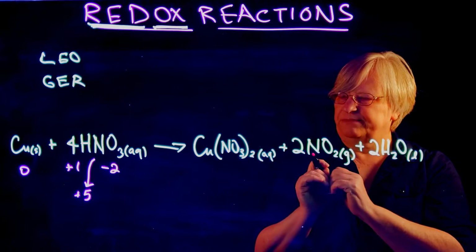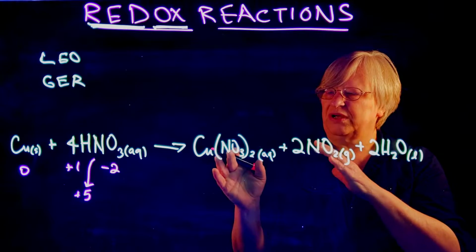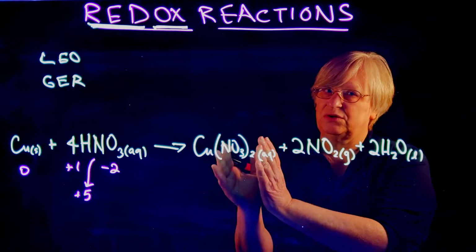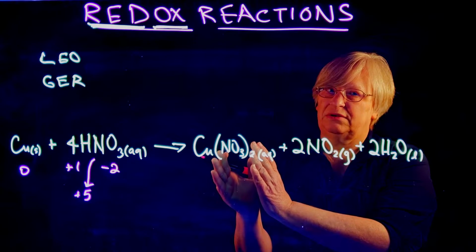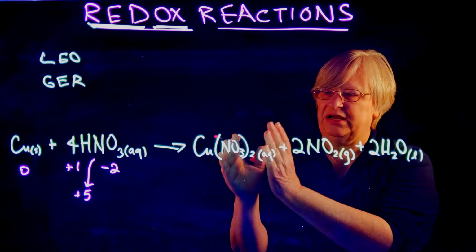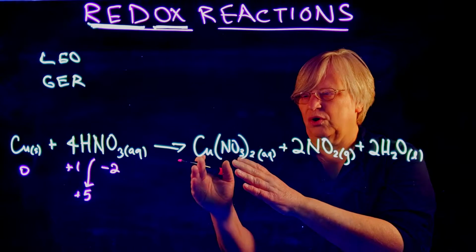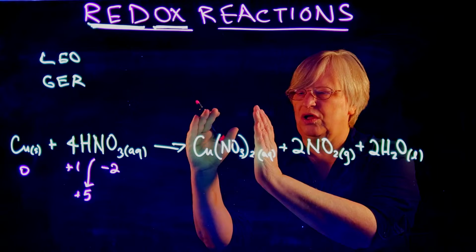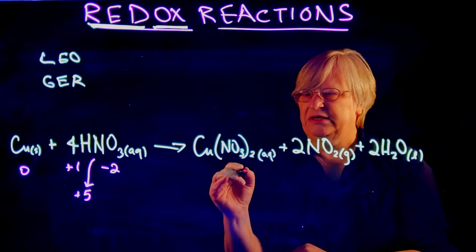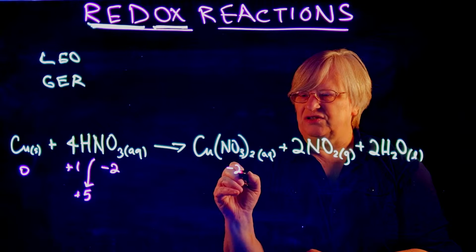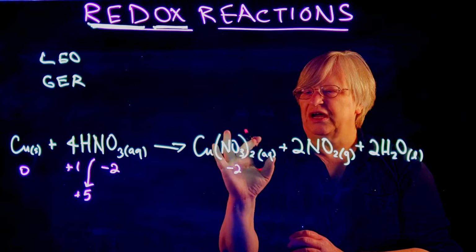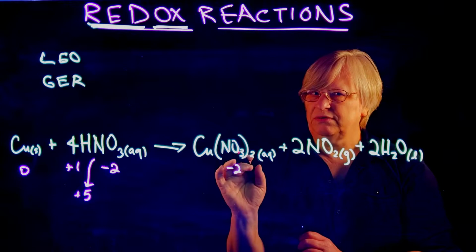Now let's go to the products. We can do this a couple different ways. We could figure out the nitrate as a group and add that up to a -1, because we know nitrate as the ion adds up to a -1. Or we can take this whole compound and say the whole compound adds up to 0. Both work fine. We do know that the oxygen will be a -2. There's 3 of those. The nitrate has to add up to a -1.